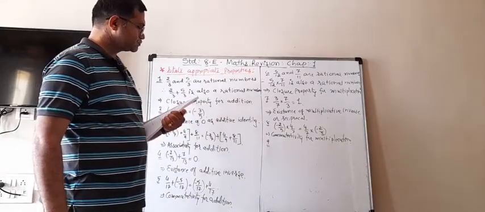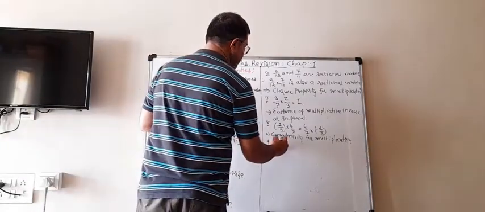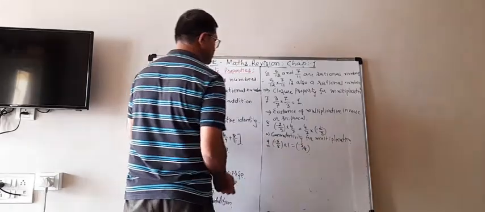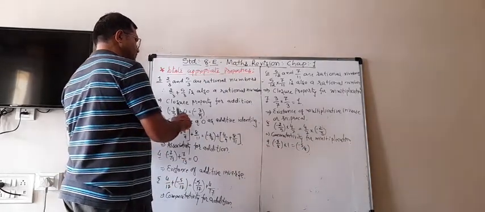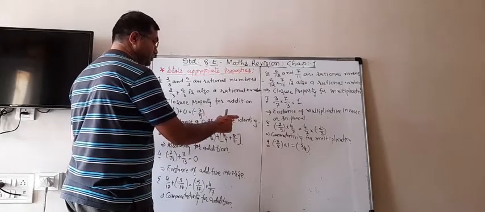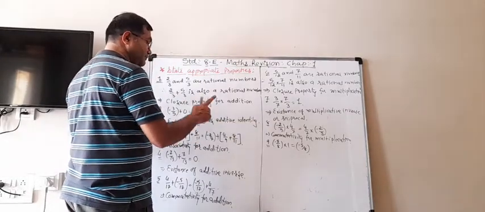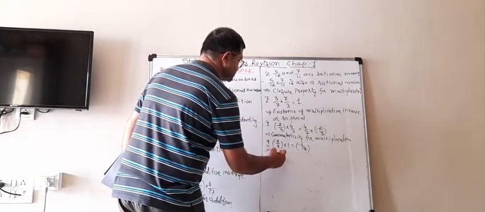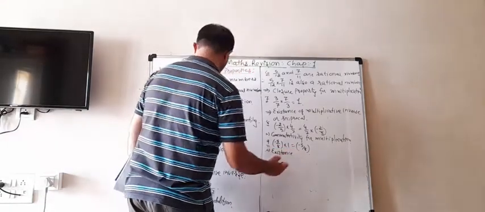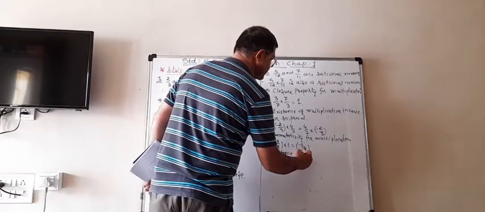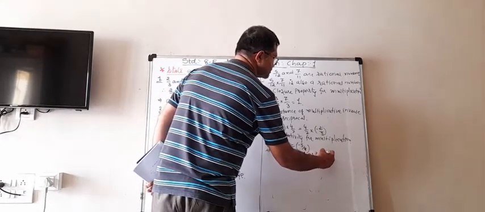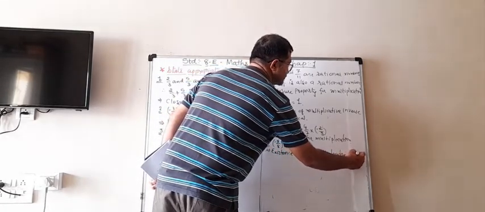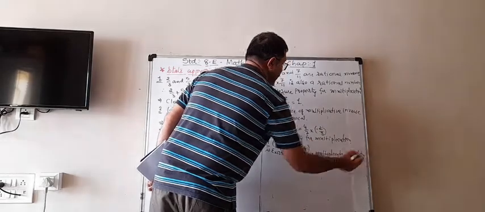Ninth one, minus 5 upon 8 multiplied by 1 is minus 5 by 8. Like the existence of 0 as additive identity, here it is the existence of 1 as multiplicative identity.